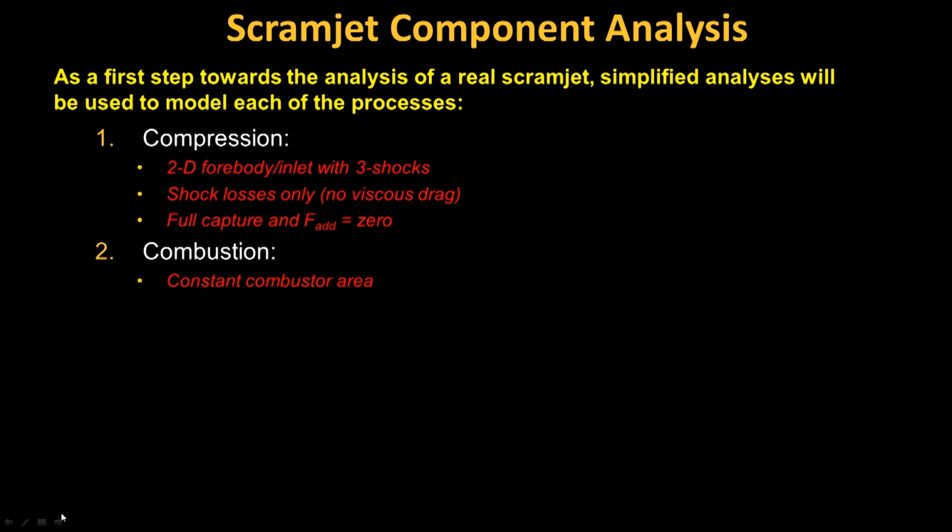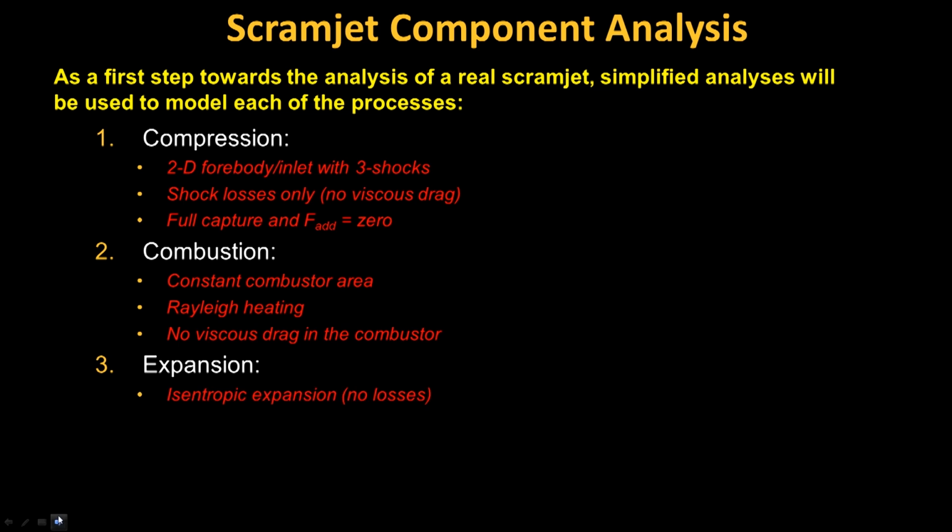In this analysis, we will assume our scramjet has a constant area combustor and that the heat addition due to combustion can be modelled by Rayleigh flow. No accounting of viscous losses will be made in the combustor. Finally, expansion. The nozzle expansion will be modelled as isentropic with no losses. And the amount of expansion will be defined by the exit area, A10.